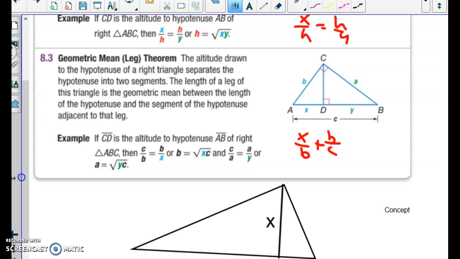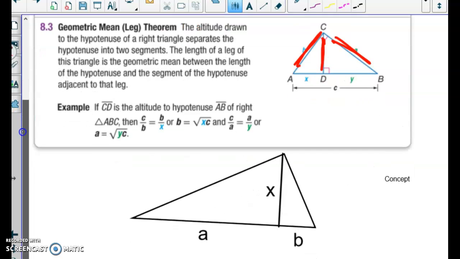And the same is true of side a. We would say y is to a as a is to c. All of those are ways to set up your proportions to find not only the altitude, but these two legs. And there are proportions to do both of those. Okay? All right.